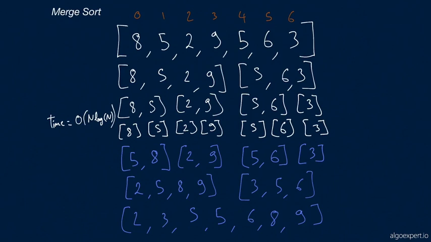Now, space complexity is a bit trickier. It's going to end up being, we'll say, roughly O of n log n. The reason I say roughly is as follows. In total, you're always creating new arrays. Here, you're creating a new array of length 4, a new array of length 3.